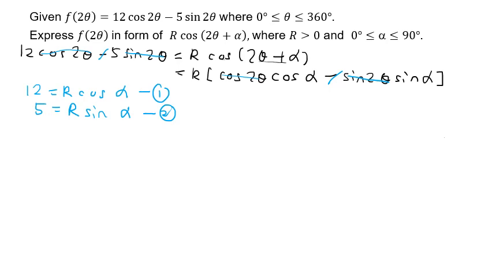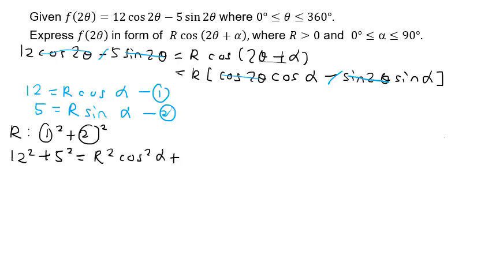Then using these two equations, first we want to find r. We will square the first equation and sum it with the squared second equation. So 12² + 5² = r² cos² α + r² sin² α. So 12² + 5², we got 144 + 25, which is 169.